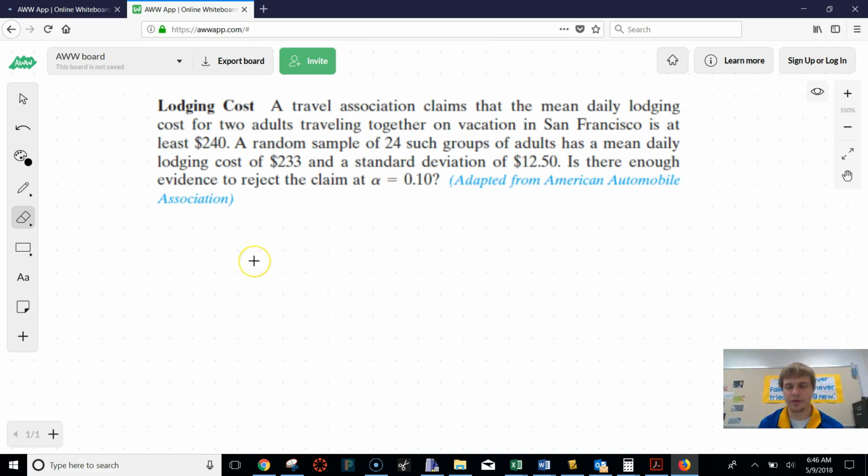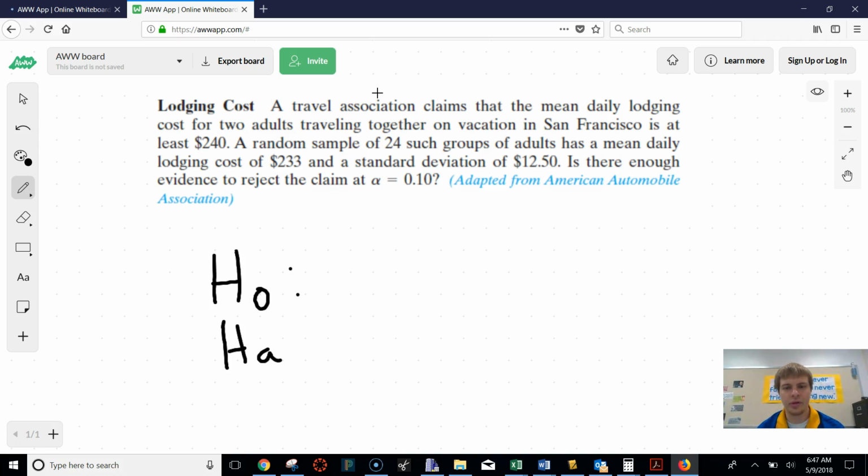Okay, so again with this one, it's a t-test because it's 24. And we're going to look at our null hypothesis and our alternative hypothesis. Now you want to be careful when you read this to see what they're trying to do. It says a travel association claims that their mean daily lodging cost for 2 adults is at least $240.